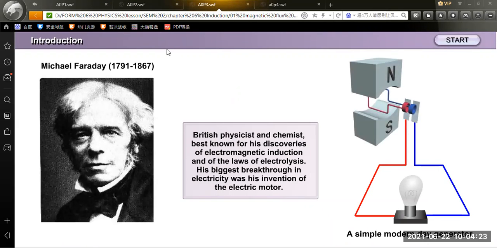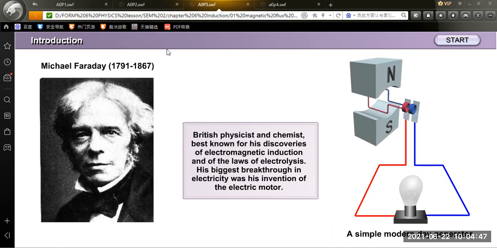Next, a very famous scientist called Michael Faraday. Michael Faraday is a British physicist and chemist best known for his discoveries of electromagnetic induction and of the laws of electrolysis.